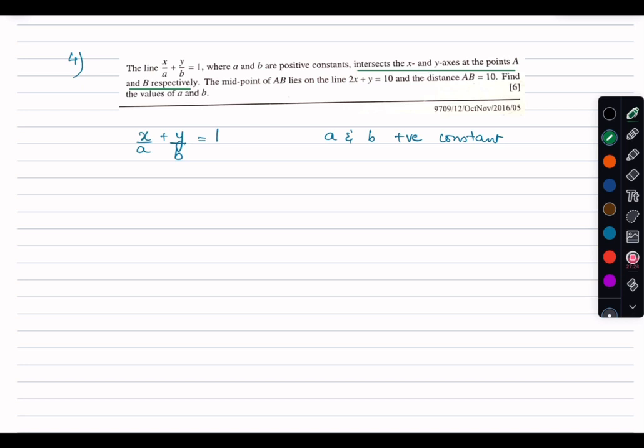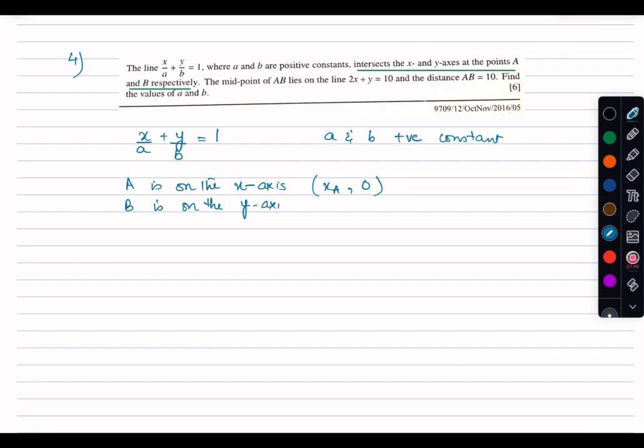So there is one thing which is very much clear. A is on the x-axis. So if it lies on the x-axis, then I know that it should be having the y-coordinate as 0. So this is xa, 0. And B is on the y-axis.